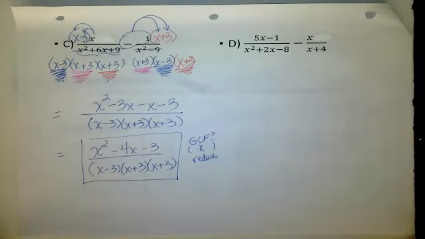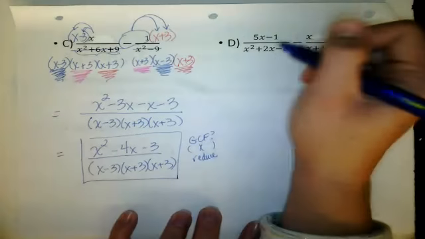Okay, the last one, letter D, 5x minus 1 over x squared plus 2x minus 8 minus x over x plus 4. What do we need to do first?